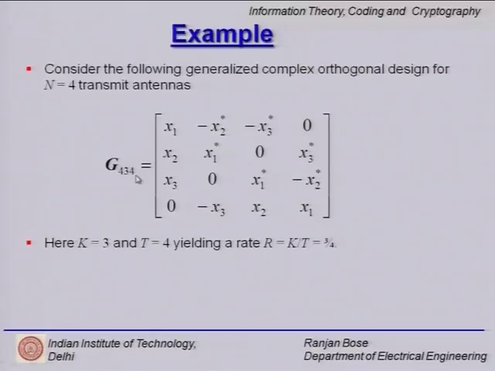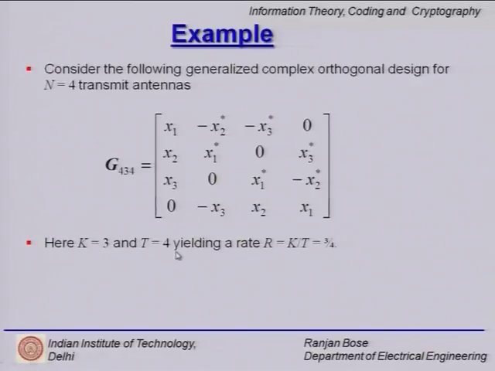We are trying to see that with 4 transmit antennas, n equal to 4, the number of symbols that we are sending is only 3: x1, x2 and x3 and their complex conjugates. So the second number is 3 and the number of time slots is 4, that gives you the last 4. So this is a G434 design. K is equal to 3, t is equal to 4.